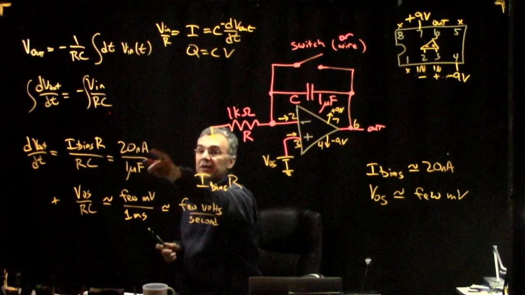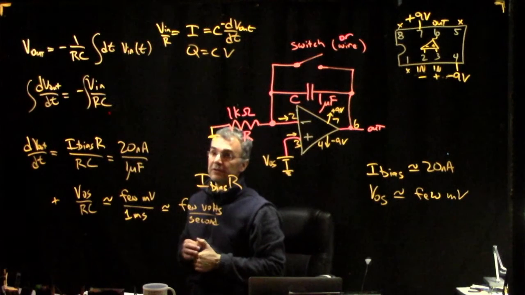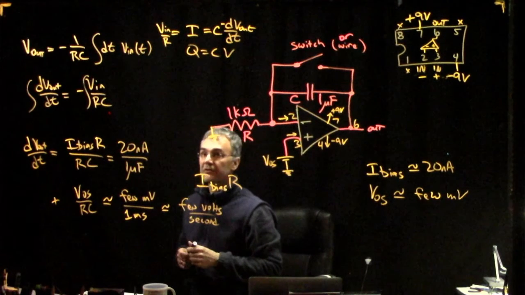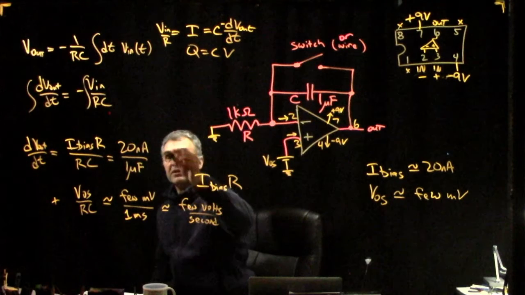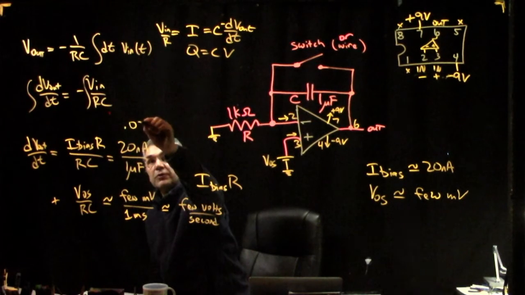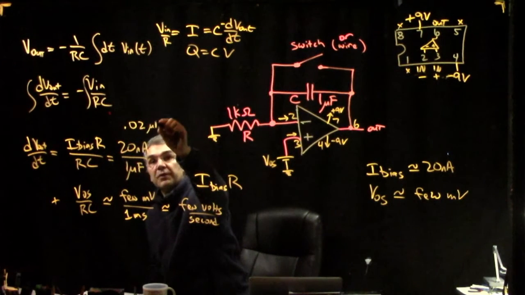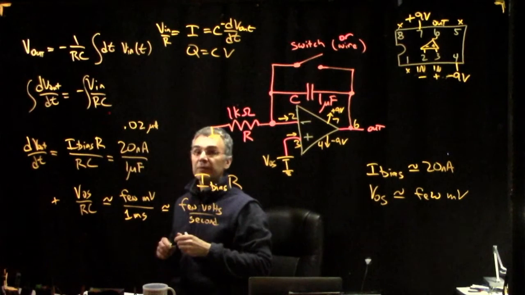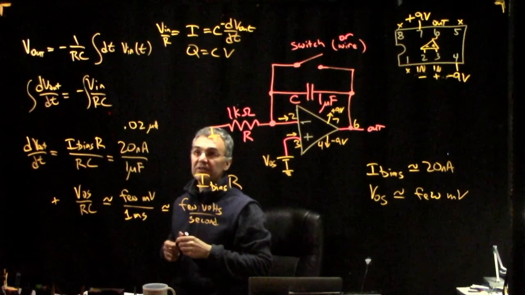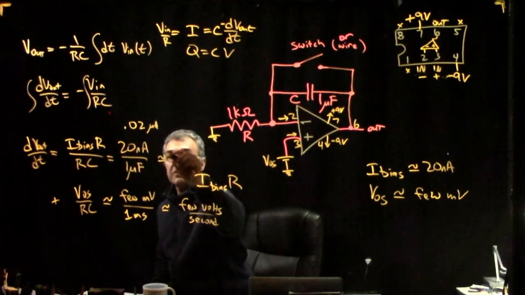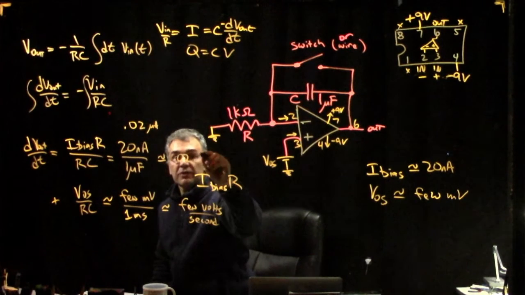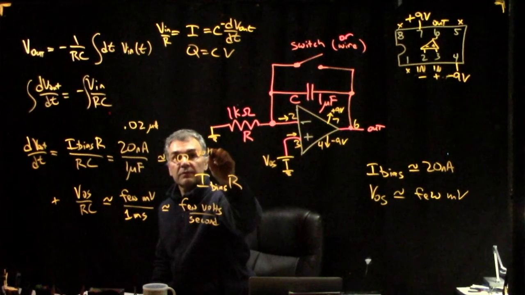And let's see, nanoamps divided by microfarads. So this is actually like 0.02 microamps per microfarad. So this is like 0.02 volts per second.